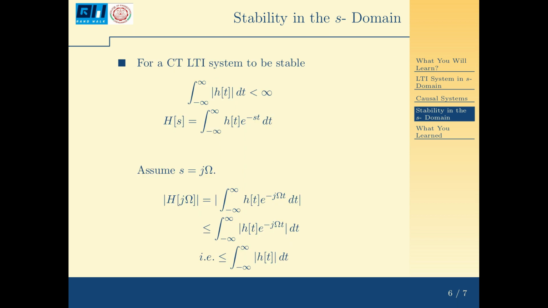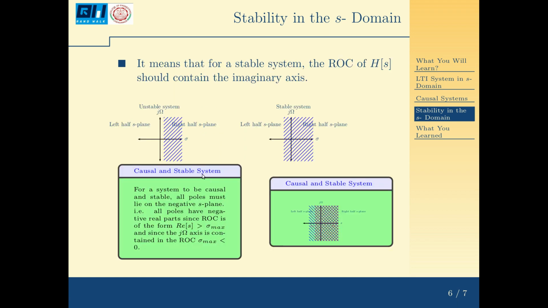It means that here we have this assumption. So this is the condition for stability. How did I reach that condition? Assuming that s equals j omega. That means for a stable system, the ROC of H(s) should contain the imaginary axis. So whatever the ROC of H(s), that should contain the imaginary axis.